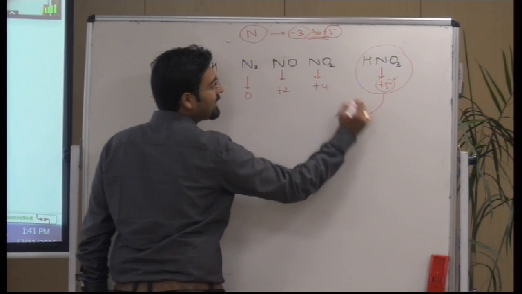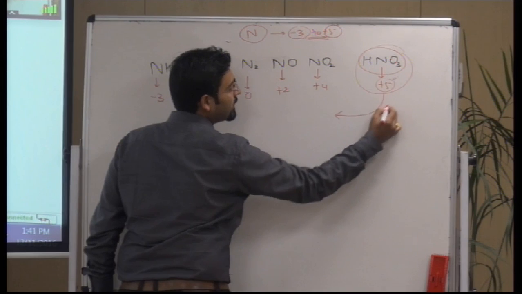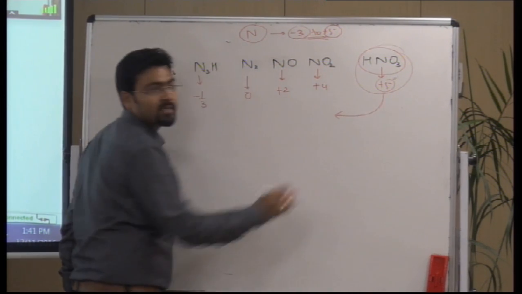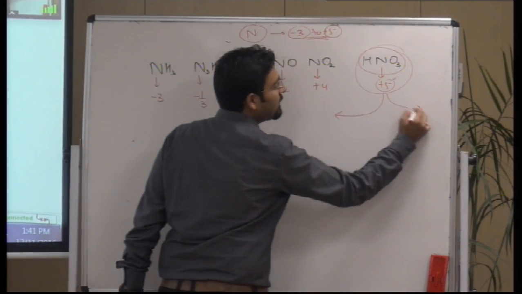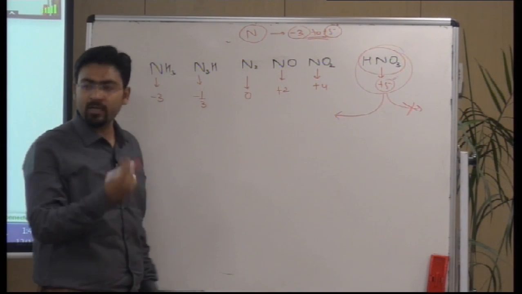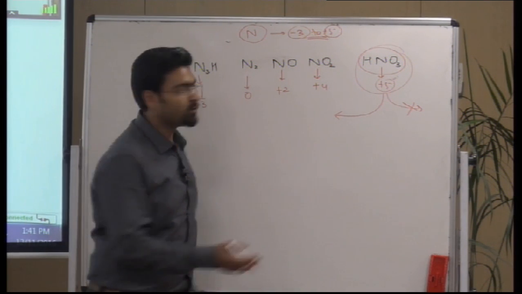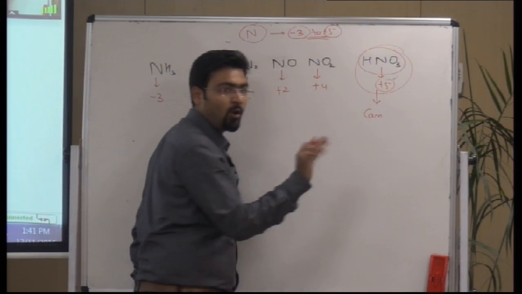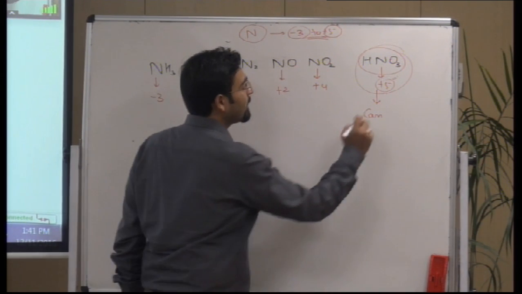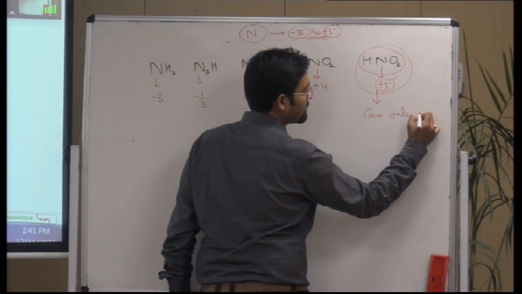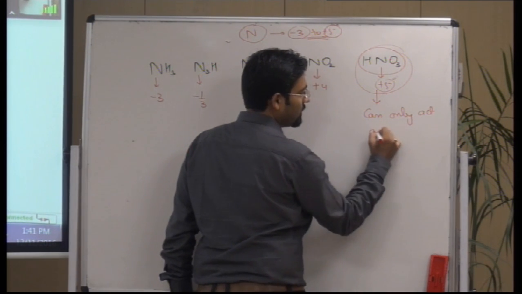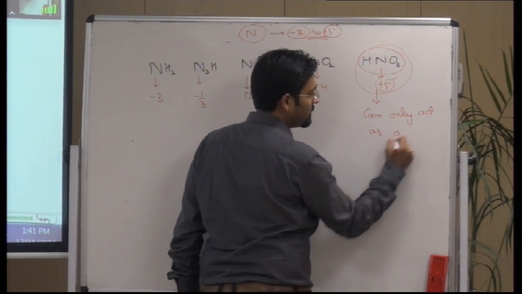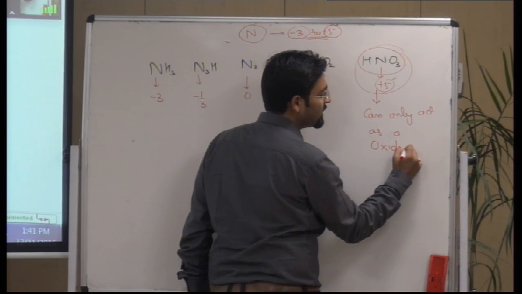When it decreases, it gets reduced and functions as an oxidizing agent. Since it cannot increase, it cannot get oxidized, and cannot function as a reducing agent. So I can conclude that this compound, if at all it is undergoing a redox reaction, will only play the role of an oxidizing agent or oxidant.